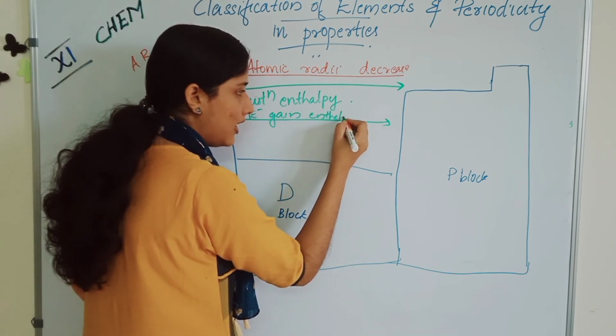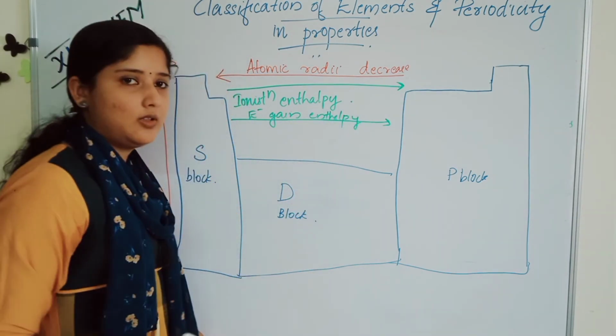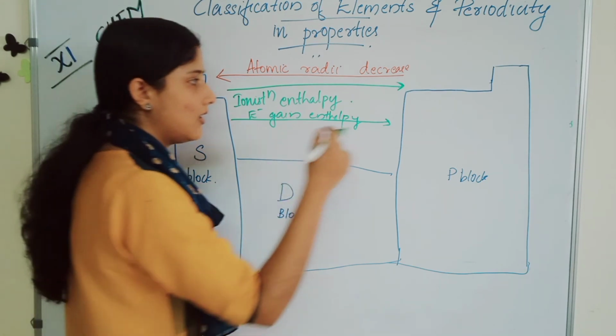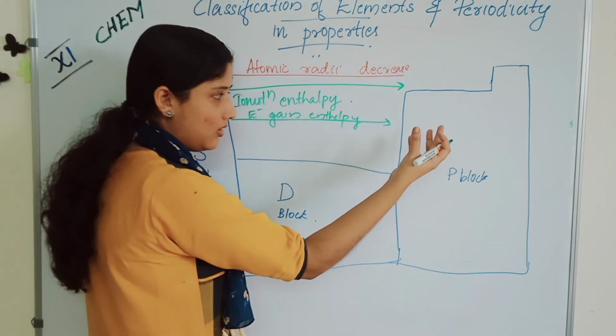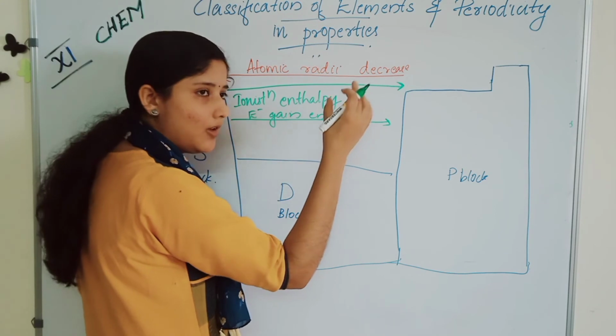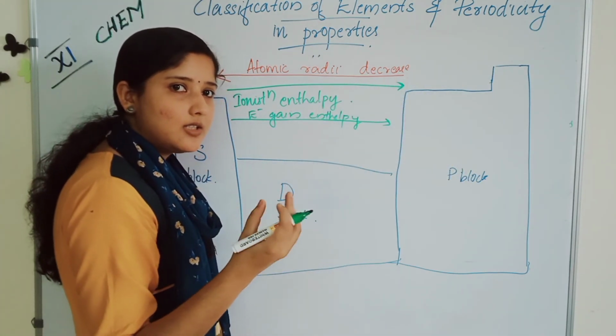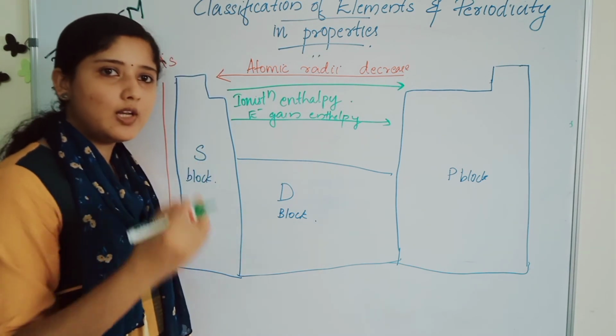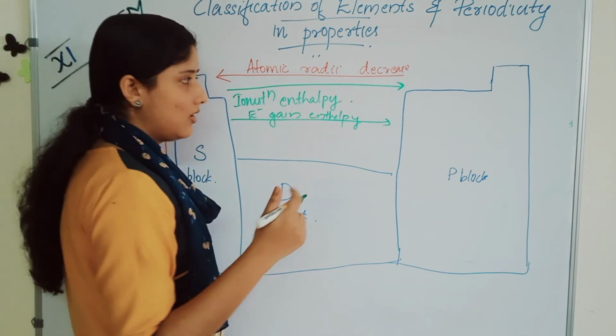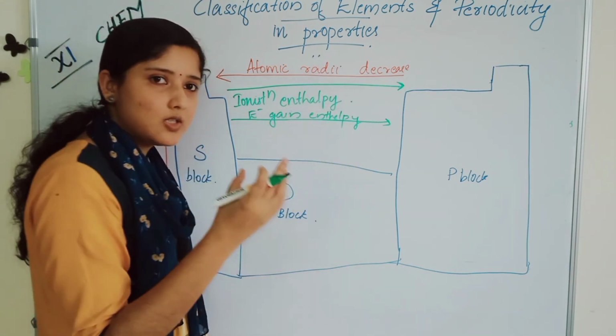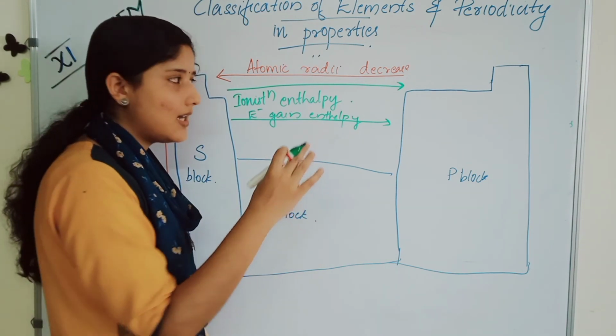It will be very difficult to add an electron to elements that are very small, so the electron gain enthalpy will also increase. Ionization enthalpy means the energy that we provide to remove a loosely bound electron, so that will also be high for a small atom. Nuclear charge increases from left to right.